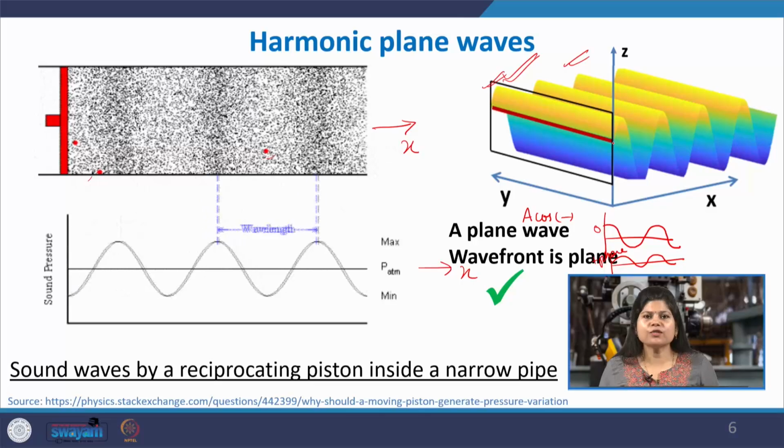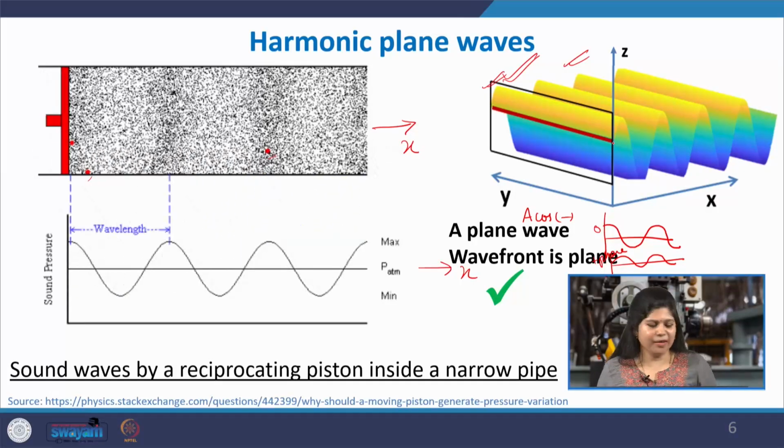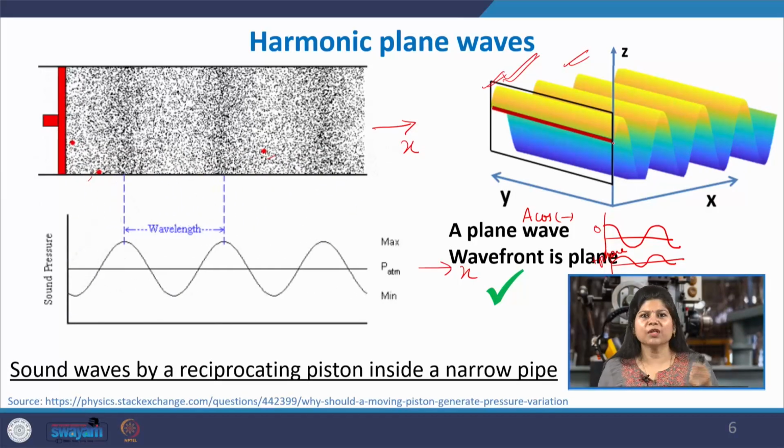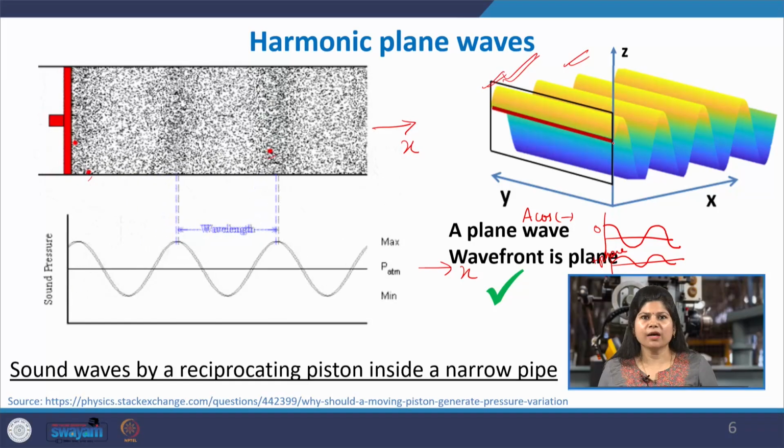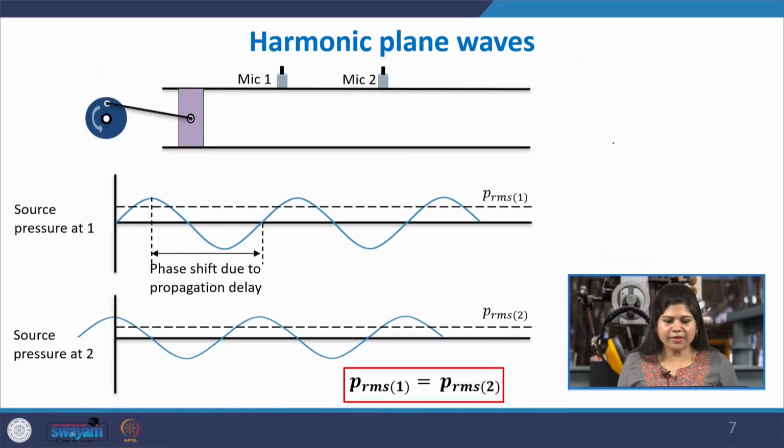So, if you have understood the definition, let us see if we can differentiate between a harmonic wave and a non-harmonic plane wave. Before that, one example I gave you was a reciprocating piston that is generating the waves inside a long tube. Now, if we had two microphones to measure the sound pressure at two different locations inside this, what we will observe is that the pressure at location 1, or mic 1, is given by this cosine wave.